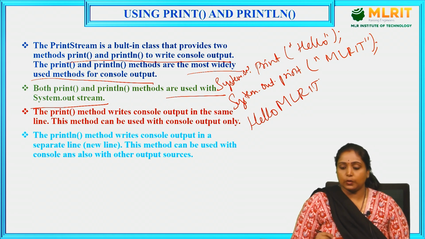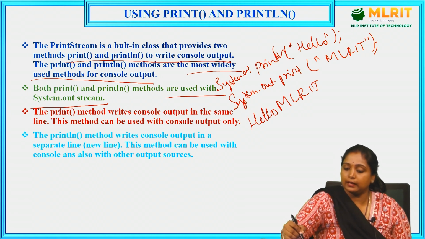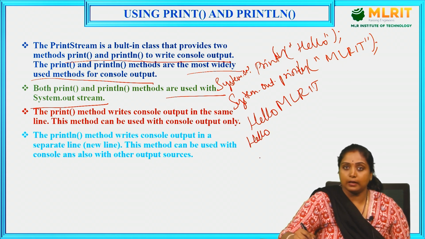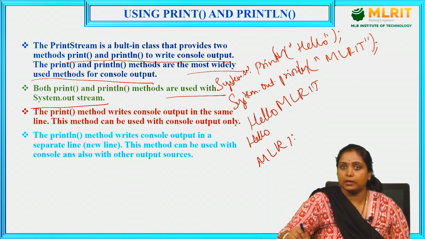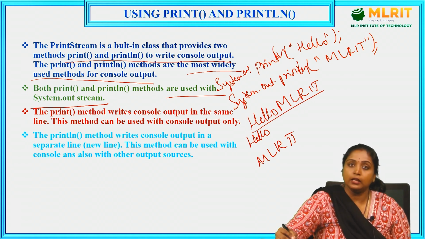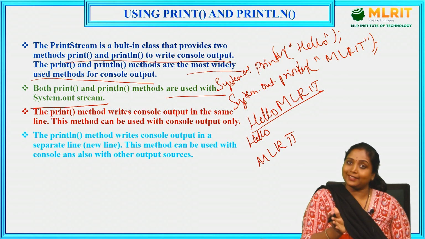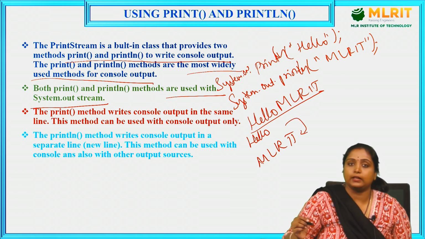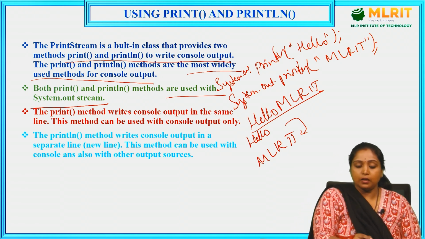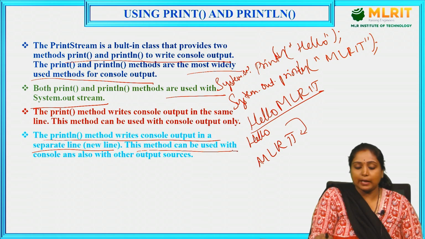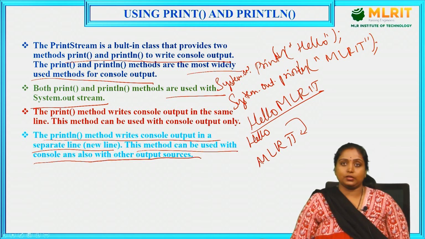When I use the println method, the output will be "hello" and then "MLRIT" on the next line. So what is the difference? When you use print, it directly attaches to the previous line, whereas when you use println, it goes to a new line, correct. So the println method writes the console output on a separate line. This method can be used with the console and also with other output sources.